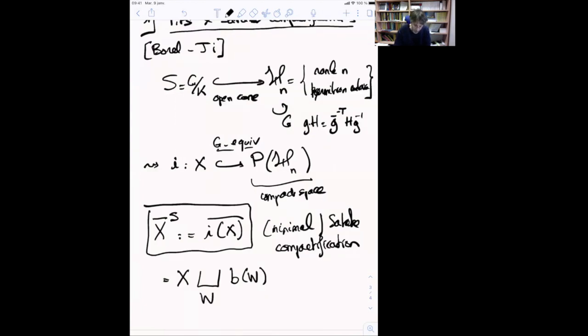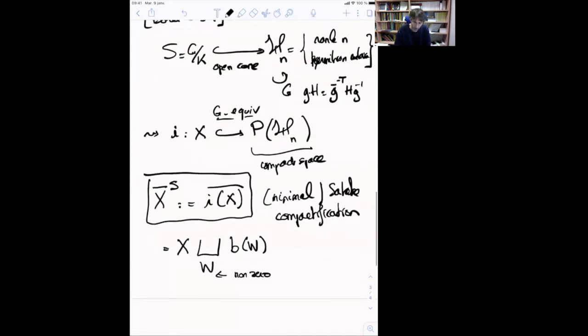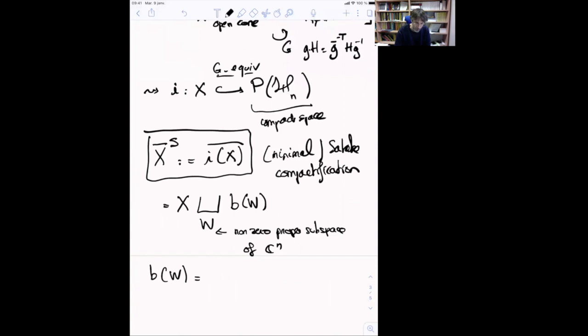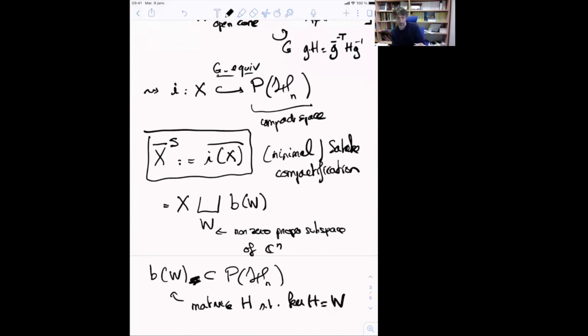Here W is a non-zero proper subspace of C^n, and B_W is the subset of the projective space of Hermitian matrices that corresponds to matrices H such that the kernel of H is precisely W. So X is made of the positive definite Hermitian matrices, so the kernel of these matrices is trivial, but here we authorize them to degenerate.